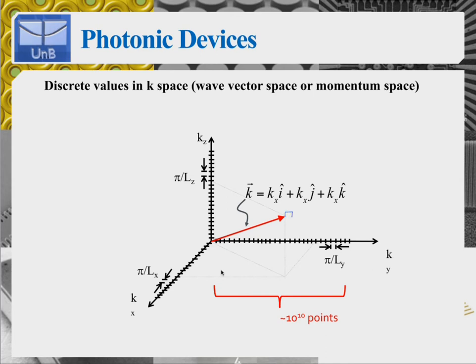So let's imagine that you have a cuboid in k space like so, and the dimensions, because in the y direction the points are separated by pi over Ly, are pi over Ly in this direction, pi over Lx in this direction, and in the z direction it's pi over Lz.